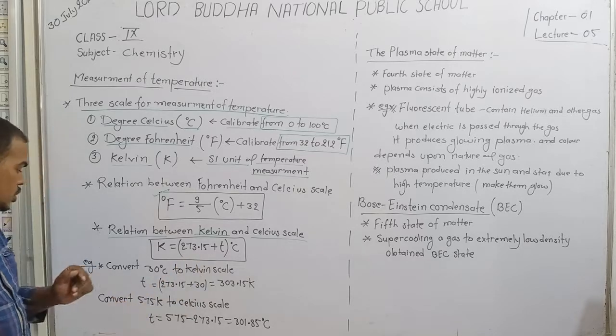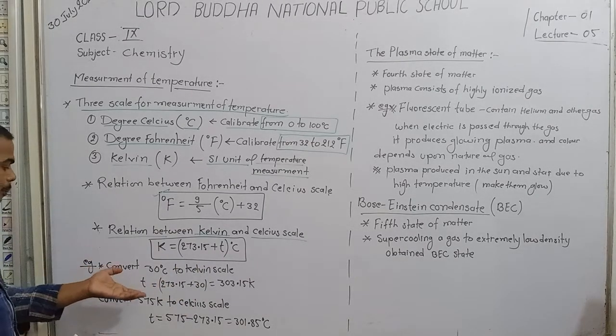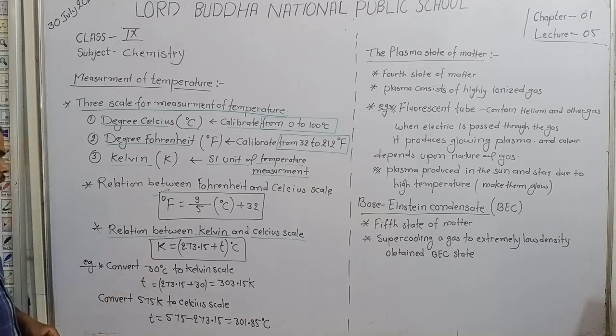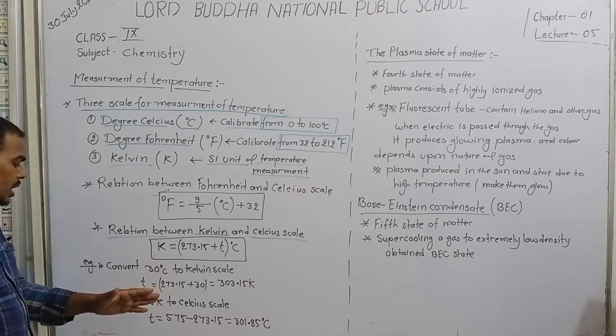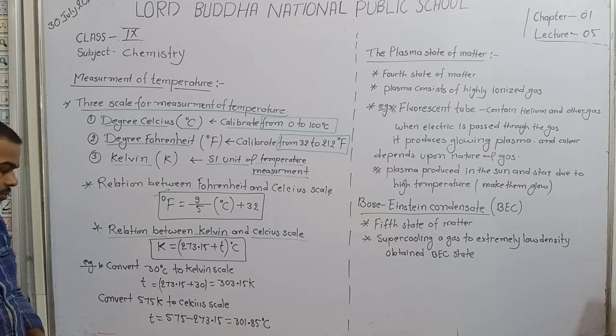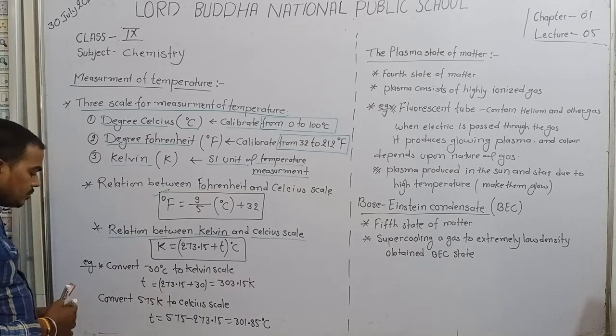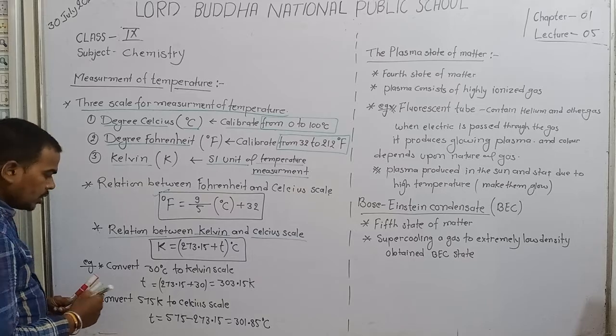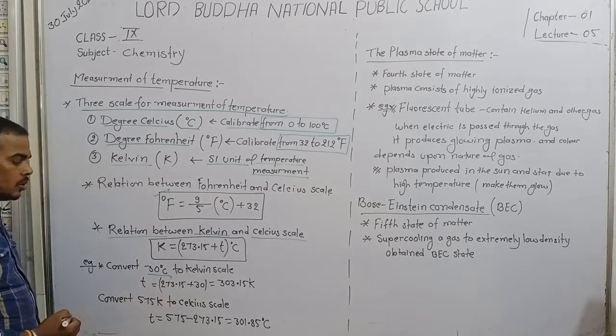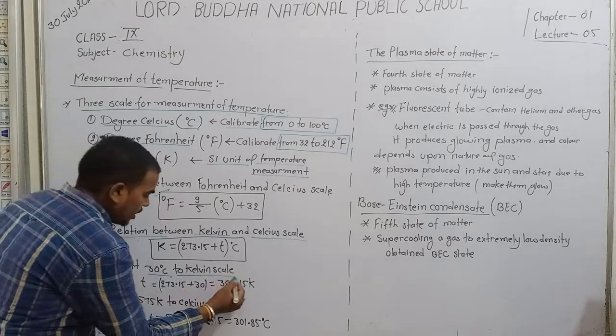Here are some examples for the conversion of degree Celsius to Kelvin and Kelvin to degree Celsius. In this question, convert 30 degree Celsius to the Kelvin scale.